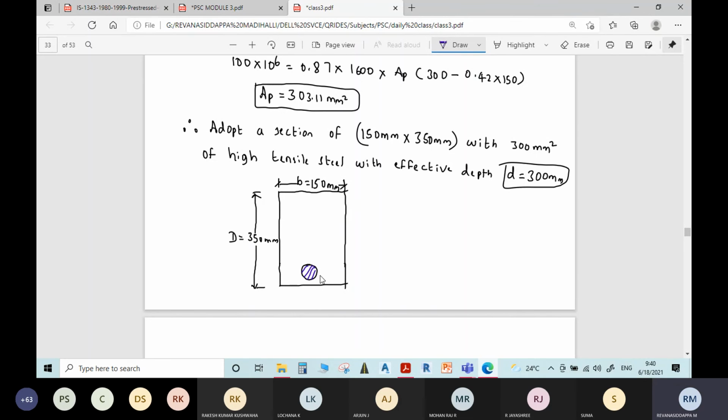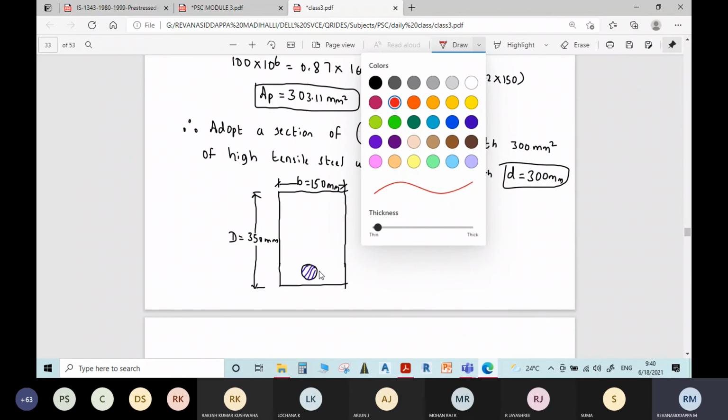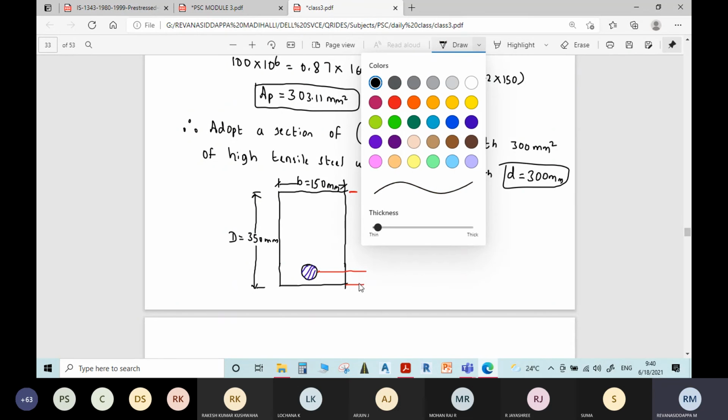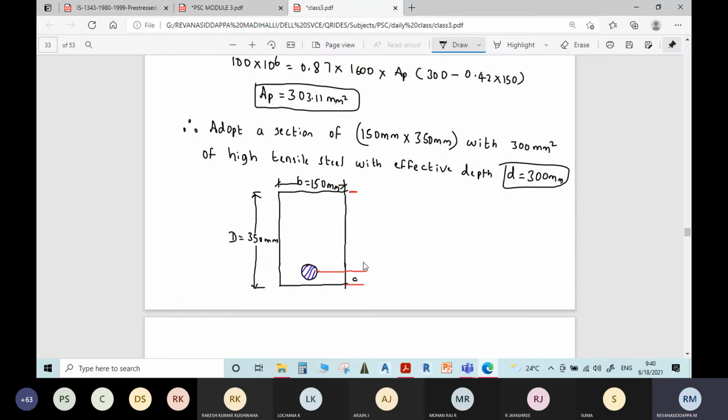Here cover is 50 mm, and effective depth D is equal to 300 mm.